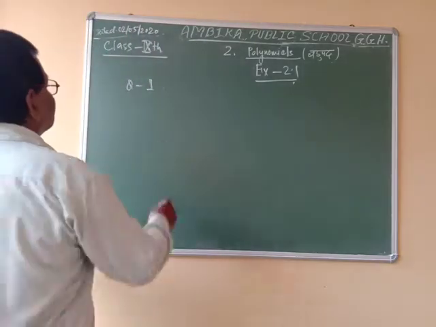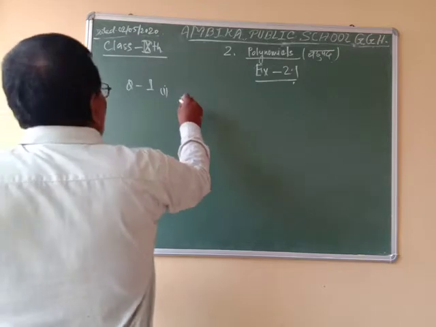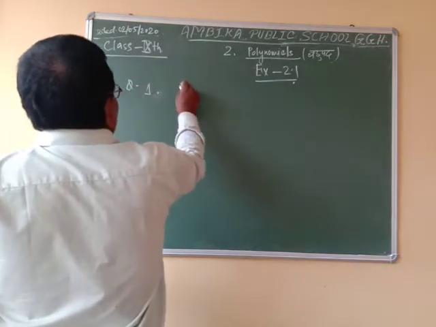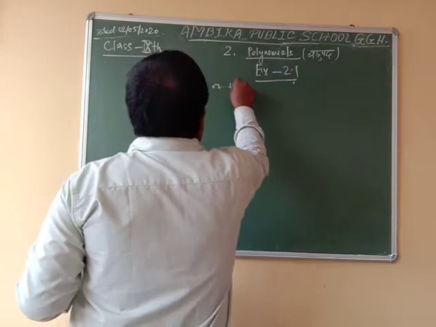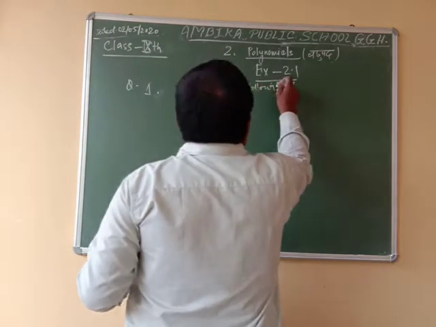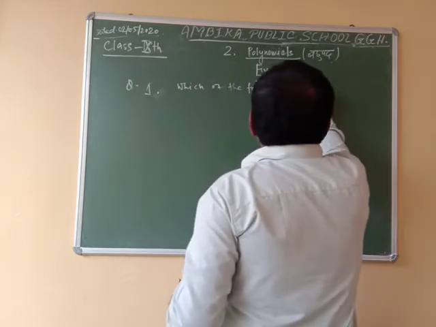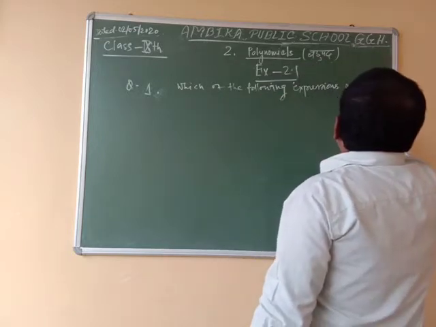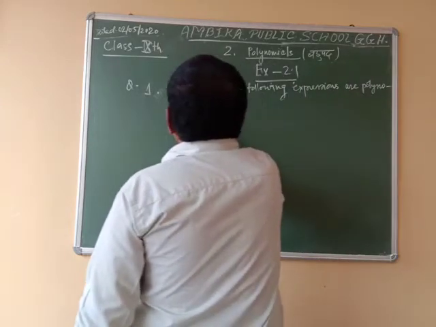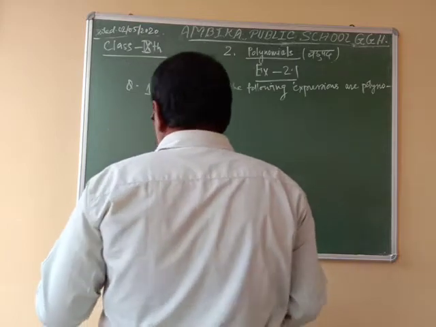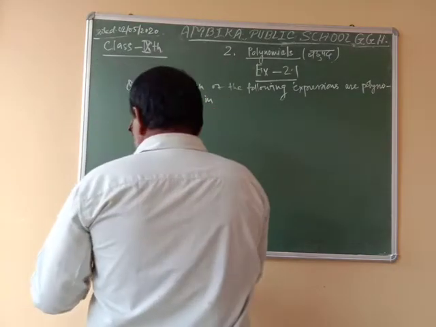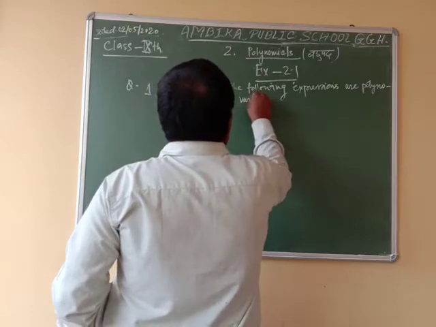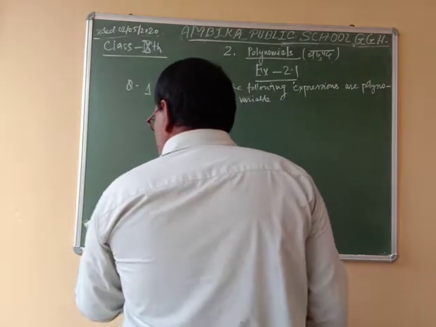Question number 1, 4x square. Which of the following expressions are polynomials in one variable, and which are not?